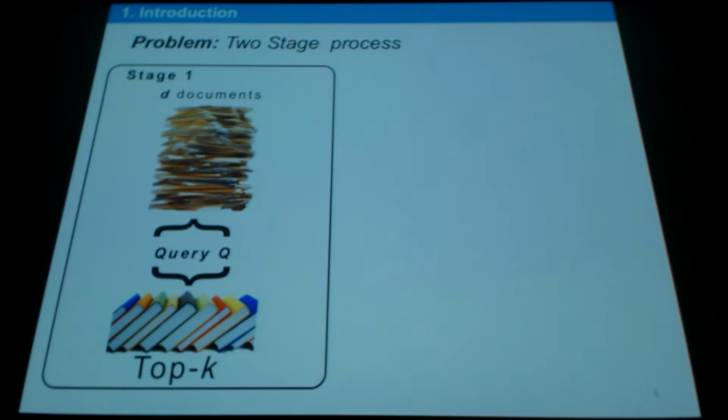Another problem is that traditional information retrieval systems work in a two-stage process. What does that mean? In the first stage, a collection of D documents is processed by the query, and you extract a subset of the results, the top K documents obtained from that query, let's say 1,000.